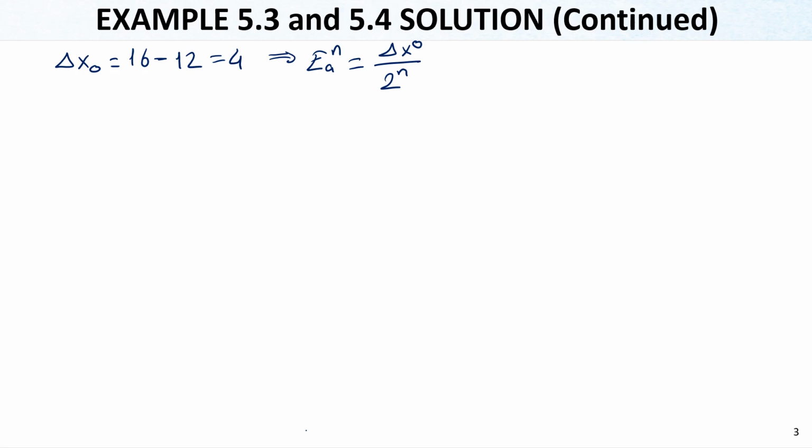Here, we know from the previous slide that after the 6th iteration, the error was below 0.5. So for n equals 6, EA6 is equivalent to 4 divided by 2 to the power 6. And the EA value from here is 0.0625.